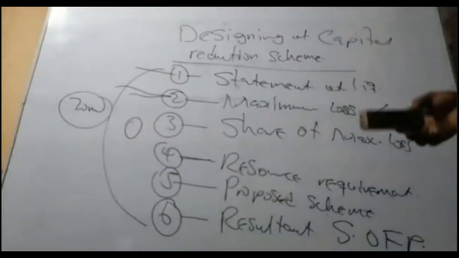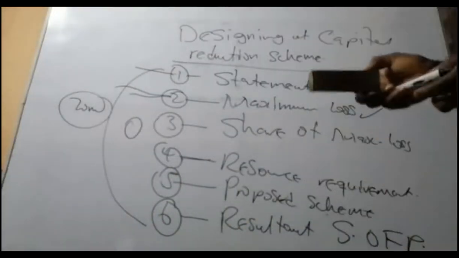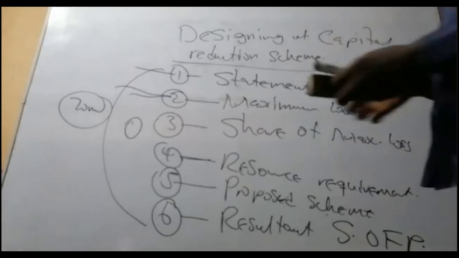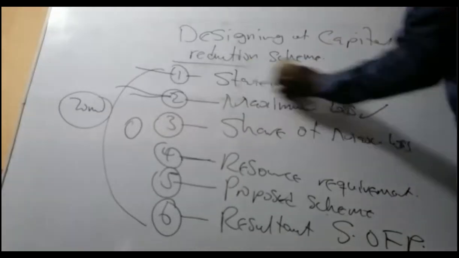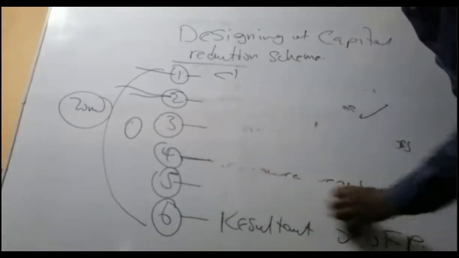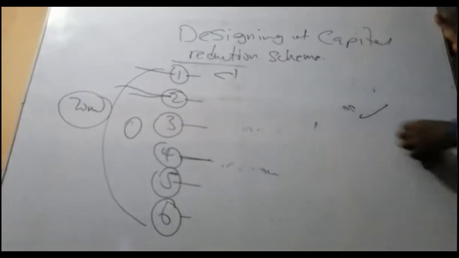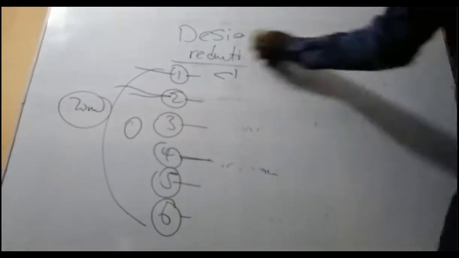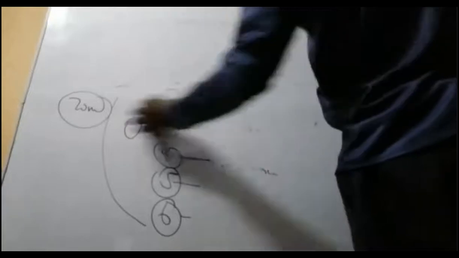Okay, so let's quickly look at the question we are looking at. As a parameter, we are on the determination of maximum loss. What goes in the maximum loss? Let's see what goes in the maximum loss. So maximum loss, that's step 2.